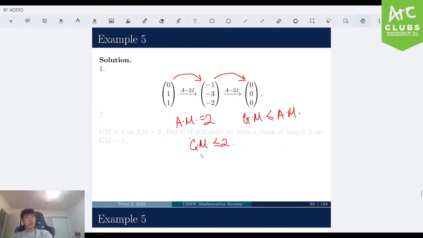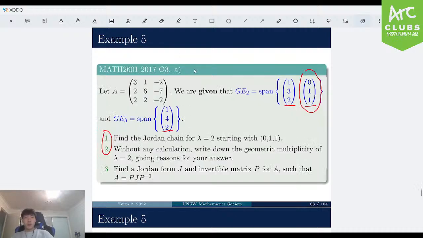Note that we have an eigenspace with a span of 2 and an eigenspace with a span of 1. A is a 3 by 3 matrix. So since it's a 3 by 3 matrix, its total algebraic multiplicity must be equal to 3. Or in other words, in block diagram language, there must be a total of 3 blocks.